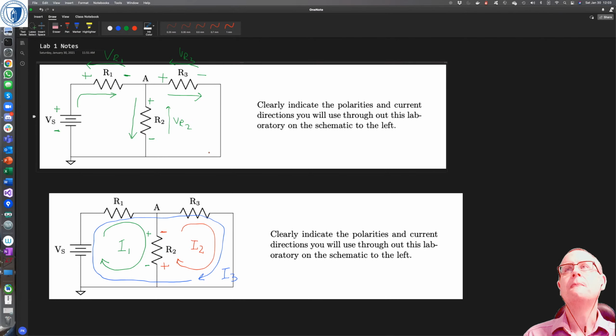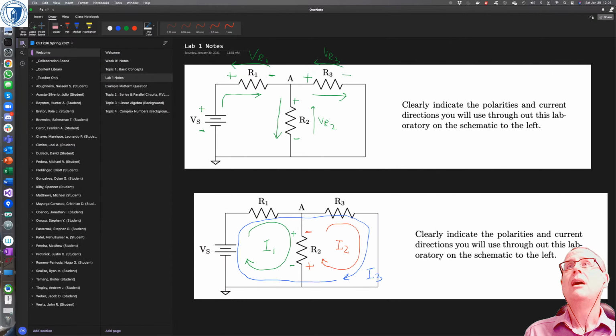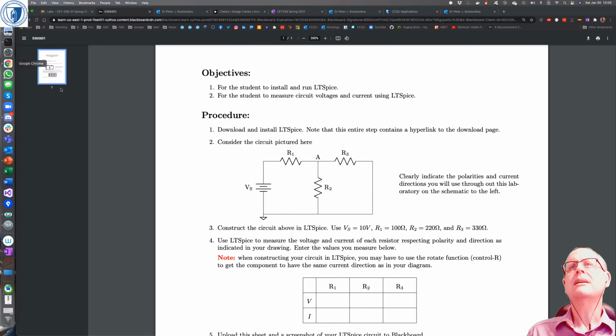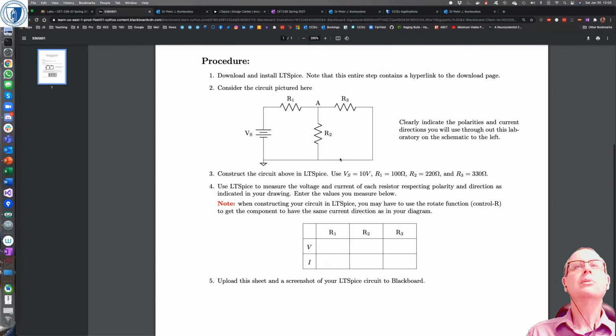Okay, let's just go back and have a look at what Lab 1 is asking for again. So you saw how I set up the values for the voltage and the resistor values. You just right click and it gives you the ability to change those. Let's just have a quick look again, right?